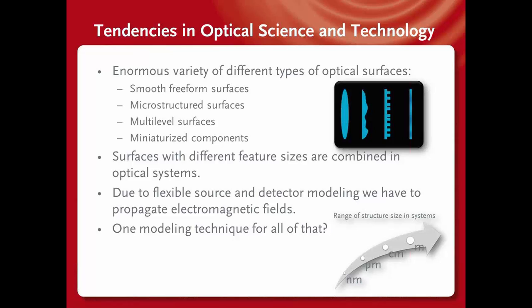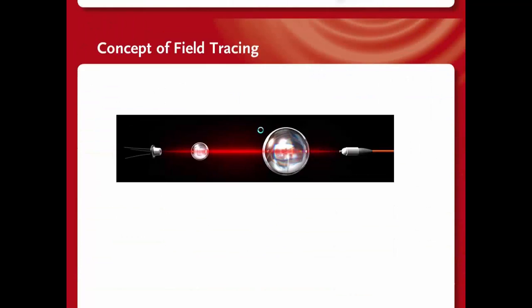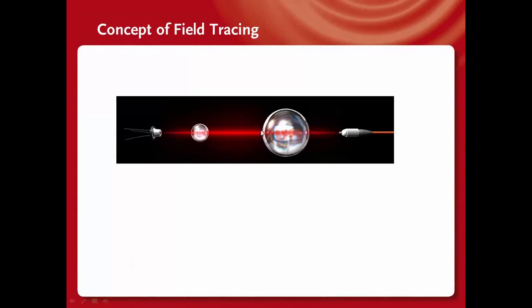But now, of course, we also have to propagate these electromagnetic fields. Is there a modeling technique to simulate all of these different optical components, even in an electromagnetic manner? The answer is no, there's not a single simulation technique, but we also don't need a single simulation technique.